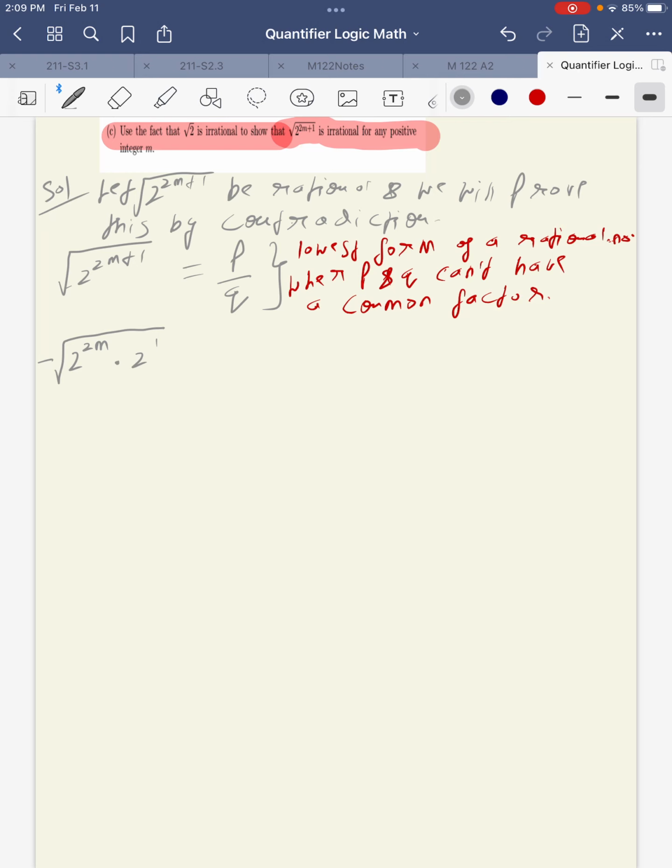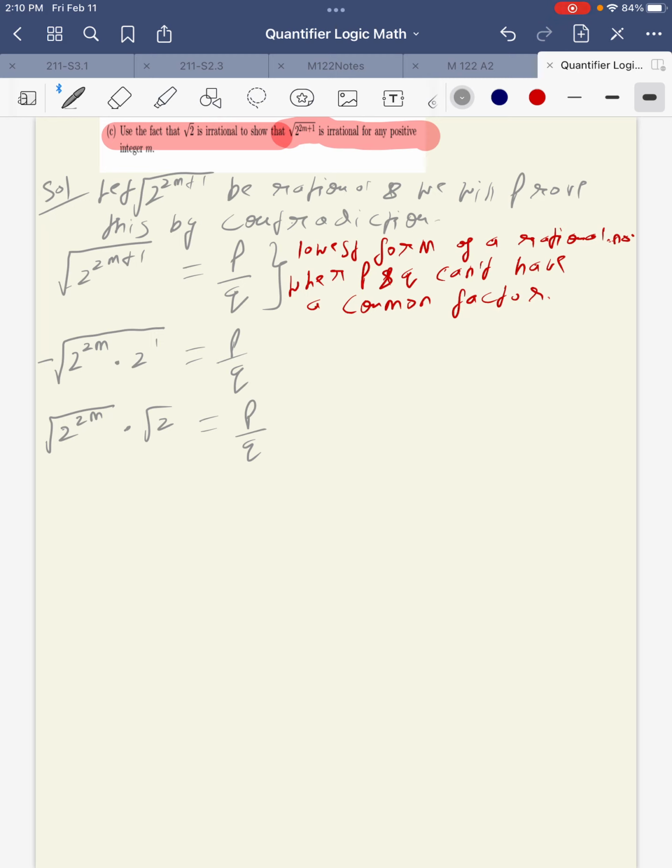That's the property of exponents: 2 to the power a plus b is just 2 to the power a dot 2 to the power b. Next, we can separate the root, for example the square root of 2 to the power 2m dot the square root of 2 equals p over q. So we got root 2 out of that statement.